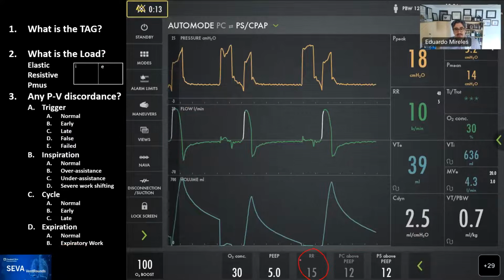But there was a change in mode. It was changed to this mode that has a different tag, which is pressure control IMV, and in this case is SS.